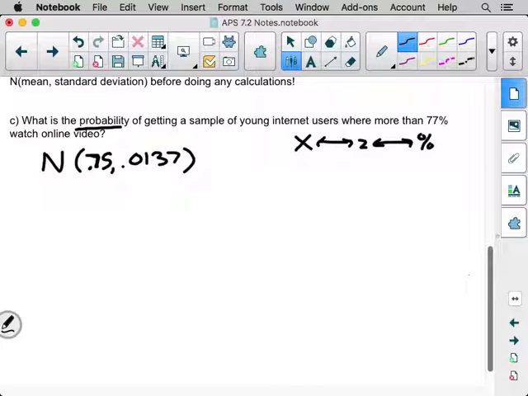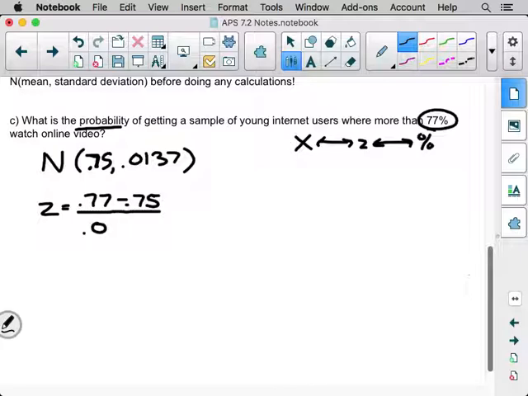All right, so here, this is the observation we're interested in, 77%. We want to know how rare is it to get that kind of sample, or more than that. So if I'm typing in my z-score, that's my observation. Our true center, the prompt told us, should be at 0.75.